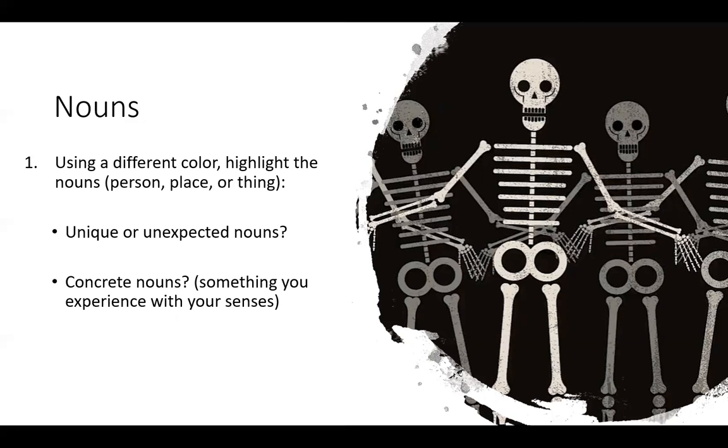I can feel that my desk is smooth, but I can't feel the tangible, tactile aspects of love. Since we can't touch love, it's abstract. And it's harder for us as readers to keep track of abstract concepts, abstract nouns.